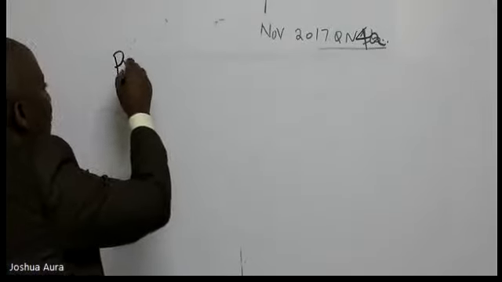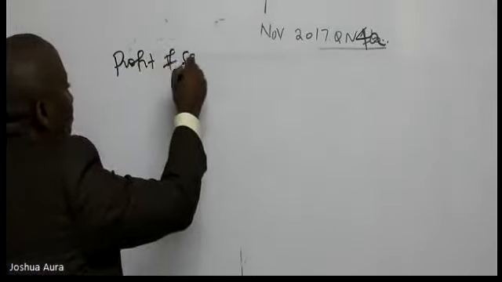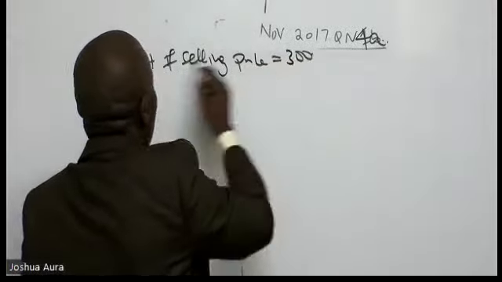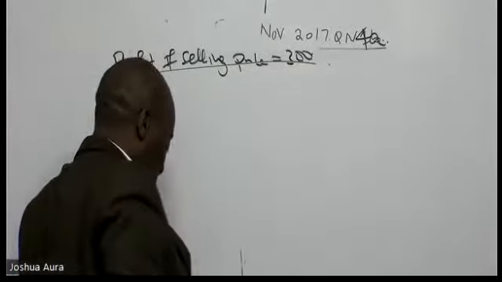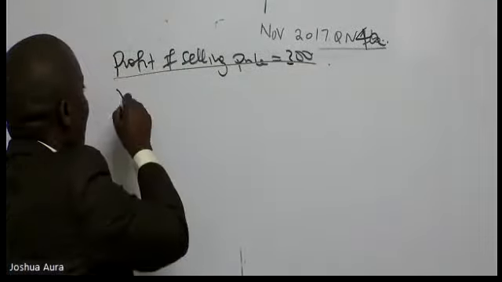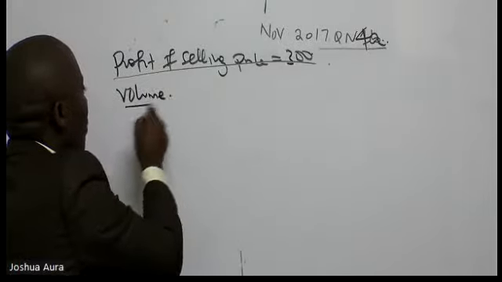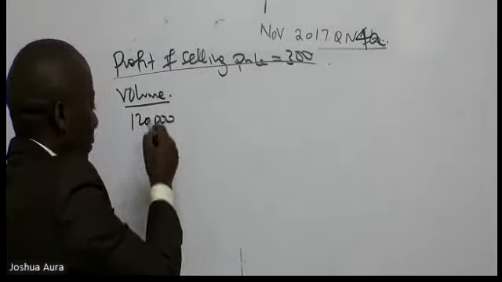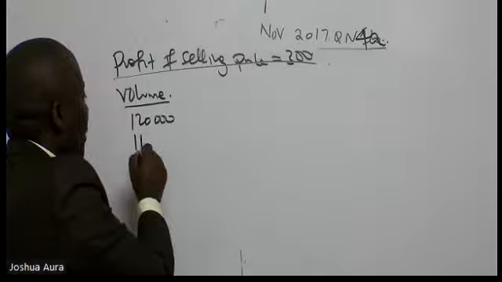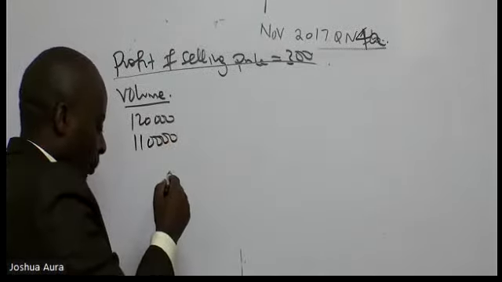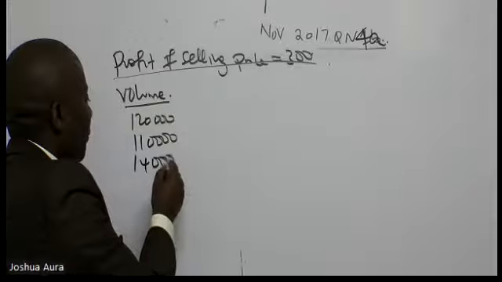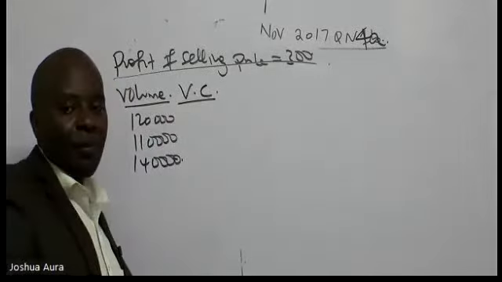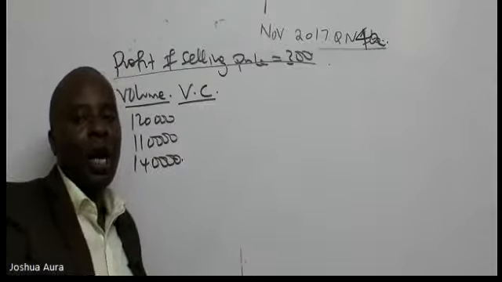There are 3 possibilities here of volume. So volume could either be 120,000, 110,000, 140,000. So create a column here of variable cost because it is the only technical thing that we have.